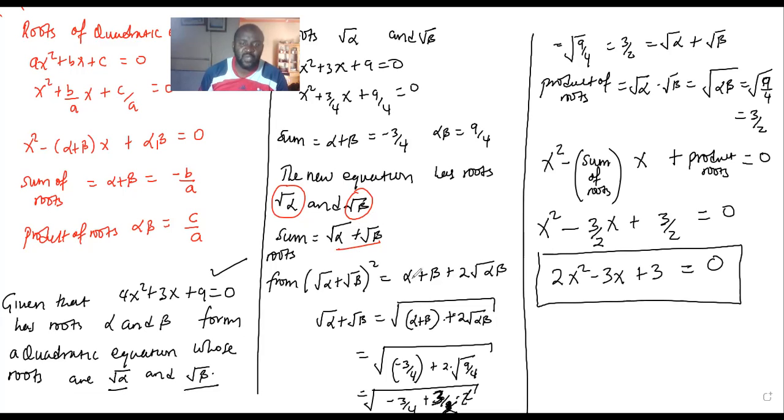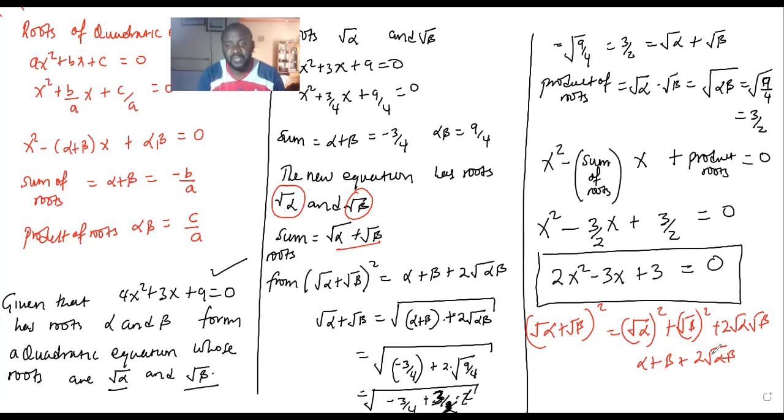When you investigate its square, it reduces to this, because it comes to root of alpha plus root of beta. When you square it, you get root of alpha squared plus root of beta squared plus 2 root of alpha root of beta. That's how it becomes alpha plus beta plus 2 root of alpha beta.